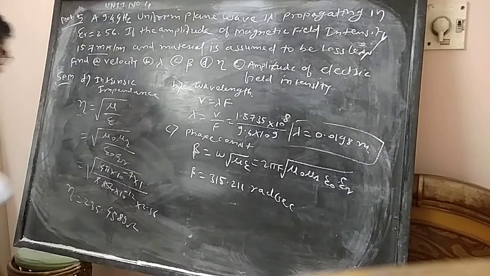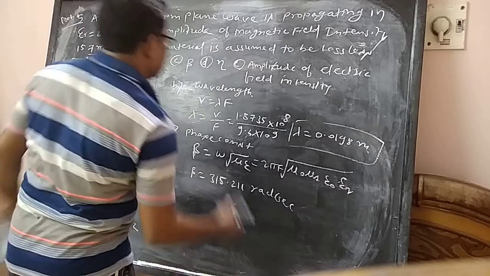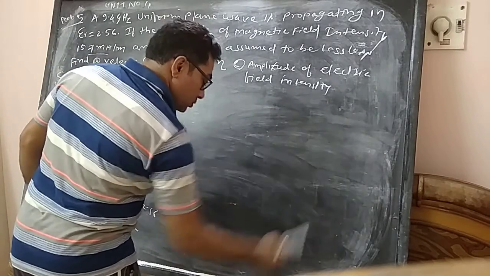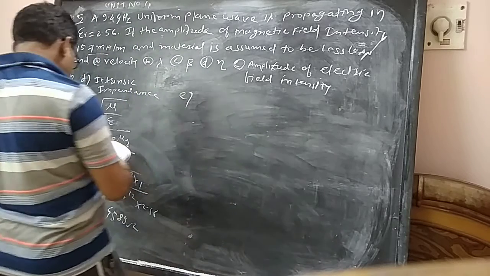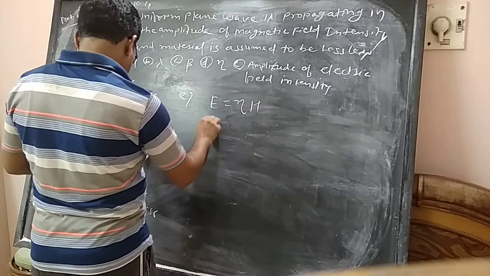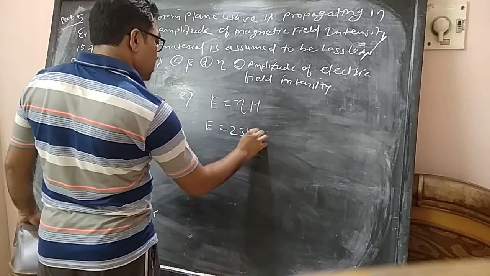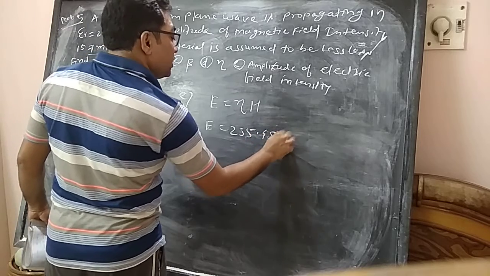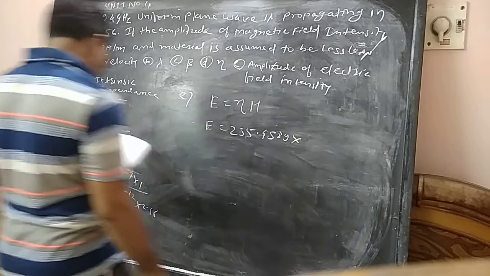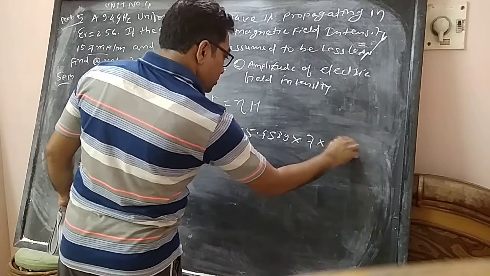235.4589 ohm. And it is also asking for the amplitude of electric field intensity, that is E. Again the formula is E equal to eta and H. So E will be equal to the value of eta, 235.4589, multiplied by H, which is given as 7 milliampere, so 7 into 10 raised to power minus 3.